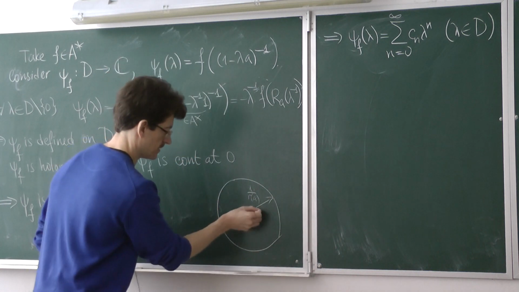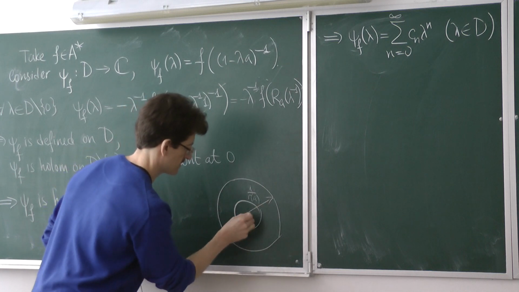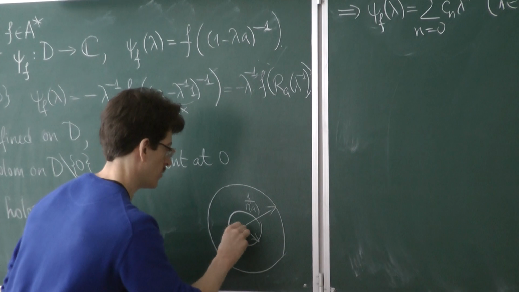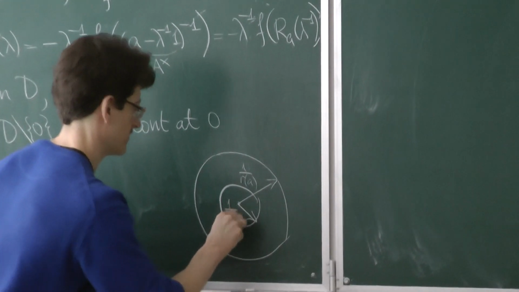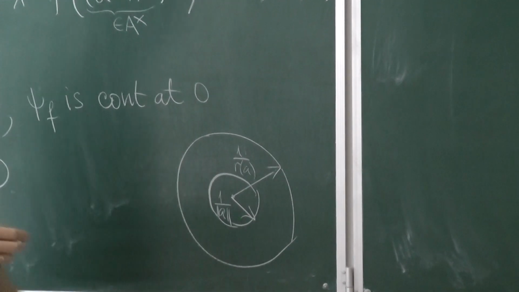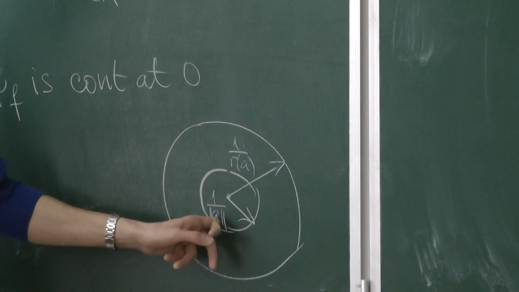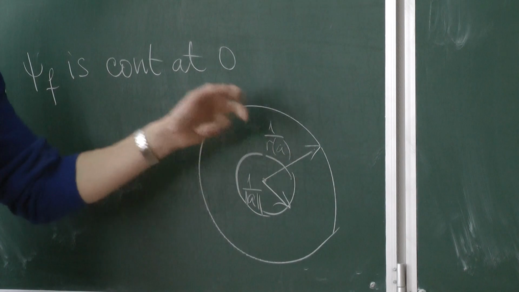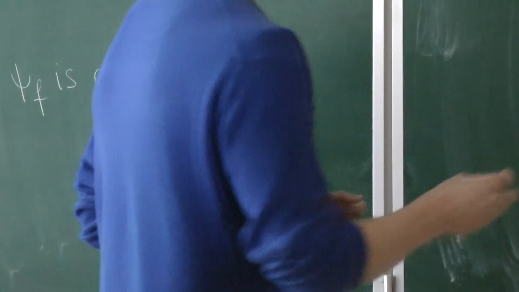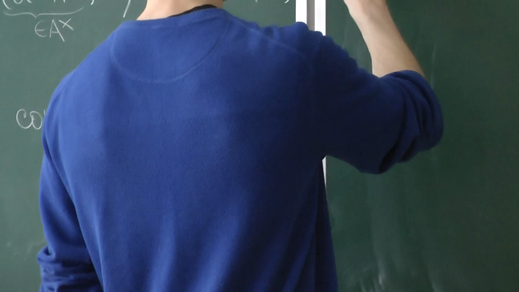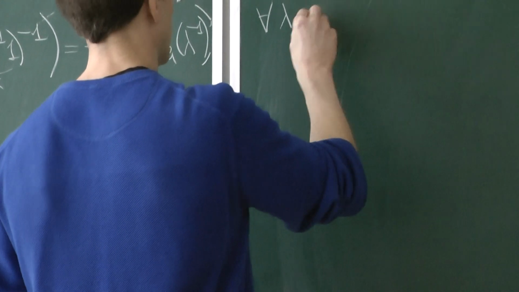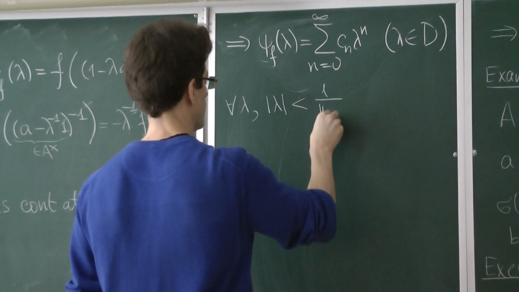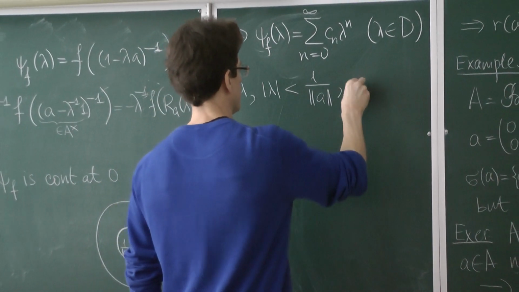And we now consider a smaller disk of radius 1 over the norm of A. Since the spectral radius is less than or equal to the norm, then this number is less than or equal to this number. So in the smaller disk, we have the following formula for each lambda such that lambda is smaller than 1 over the norm of A.